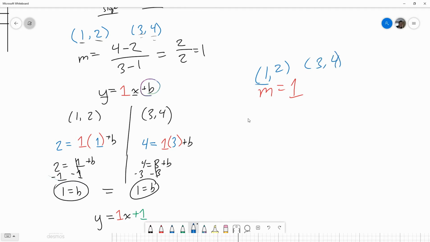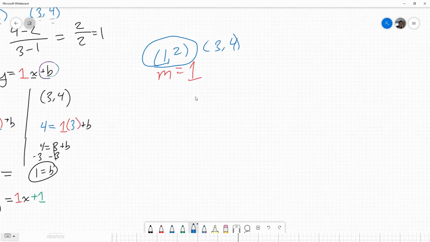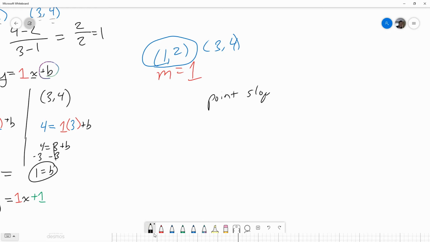Because they're smaller, I'm going to use this point. There is an equation, which we call, because we're so creative, point slope form. And as the name suggests, you use it when you have one point and the slope in order to find your equation. And here's how it looks.